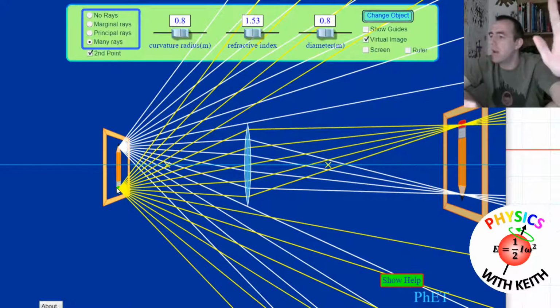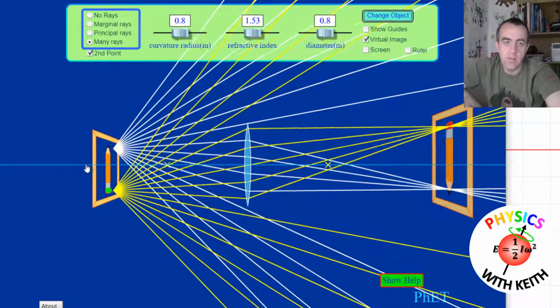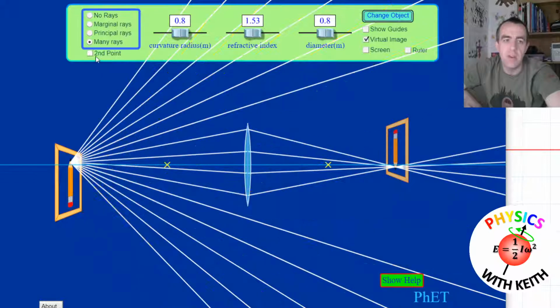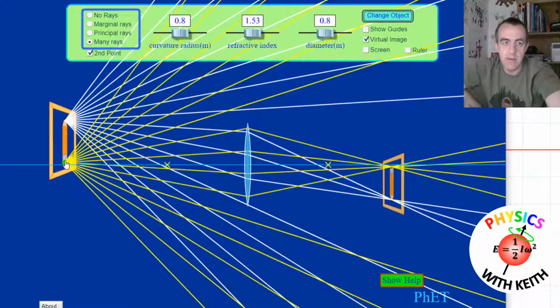But there's too many rays here. We can't draw a diagram with this many rays, and that's where your piece of paper comes in, and your pencil and your ruler, because there are 3 rays that we need to be able to draw that will allow us to construct the position of the image. The first thing we do is we cheat a little bit, and this is all the way through your GCSE.